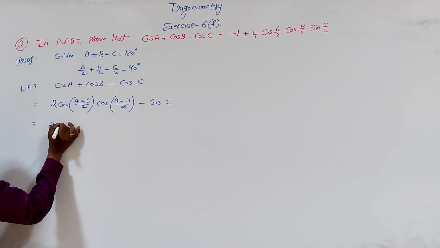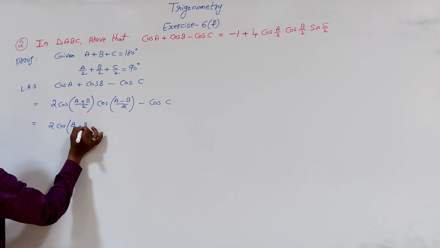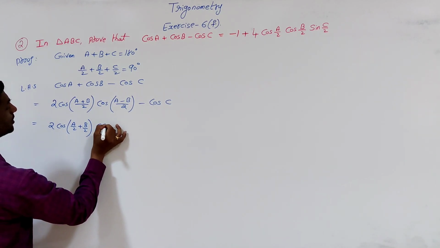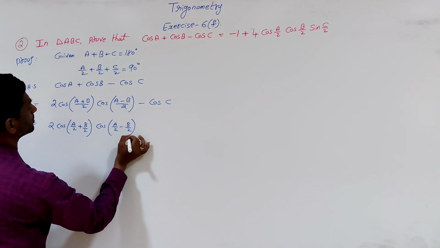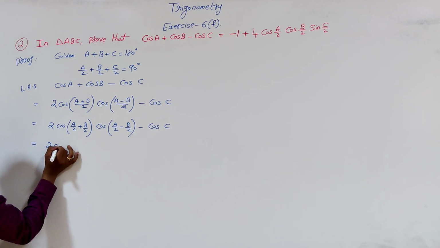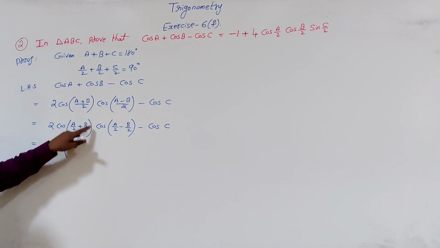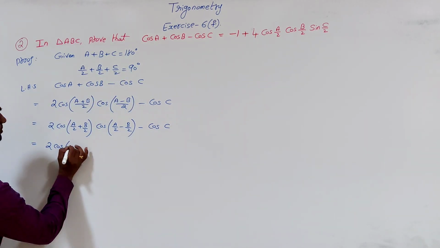2 cos(A by 2 plus B by 2) cos(A by 2 minus B by 2) minus cos C. What will A by 2 plus B by 2 be? It can be written as 90 minus C by 2.